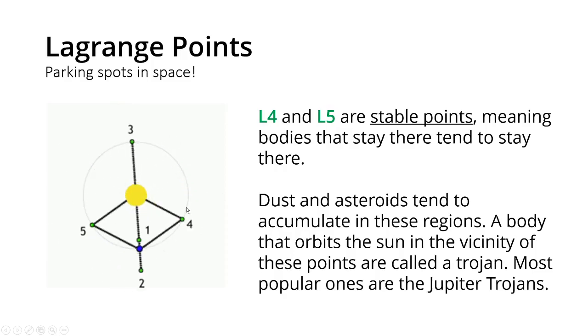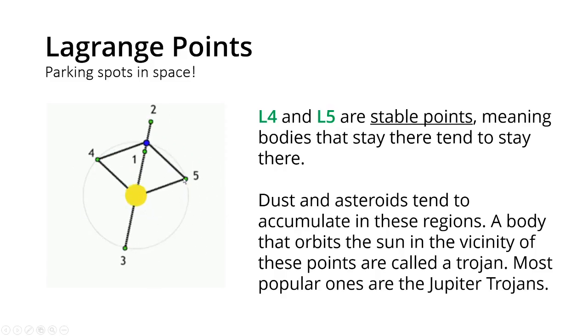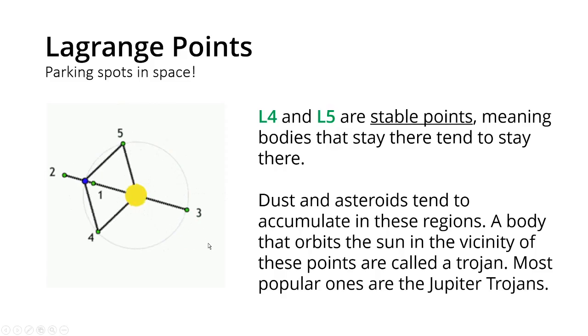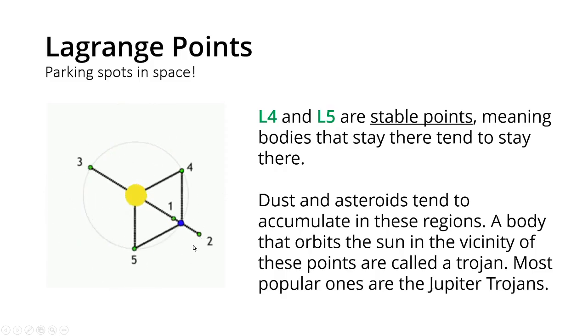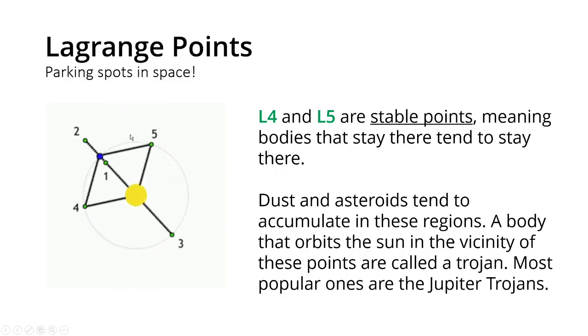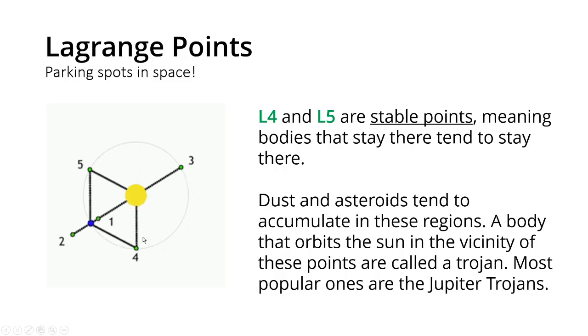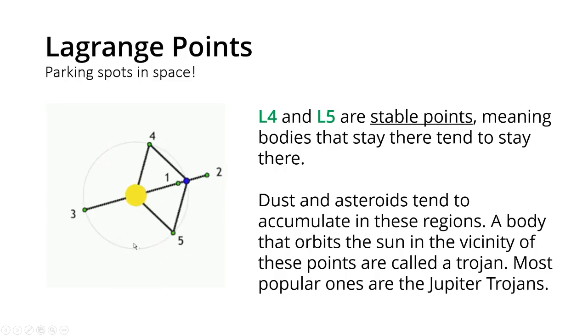So if we have an asteroid living at that point, we call that a Trojan. Most popular ones are Jupiter Trojans. If you have Sun here, Jupiter, and then the Lagrangian points of the Jupiter-Sun system, we call those the Trojan asteroids. I will show that later.